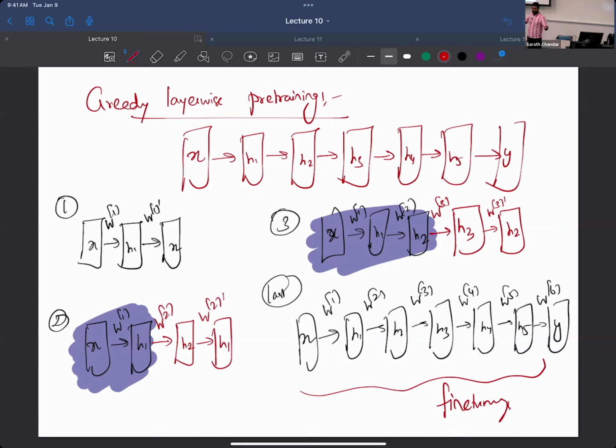Then you do the complete training, which is called fine-tuning, right? And we also discussed how this is not solving the vanishing gradient problem. It is just bypassing the problem by having good initialization, okay? Which is why this is not very common right now. Nobody does greedy layer-wise pre-training. Is that clear? Any questions so far?